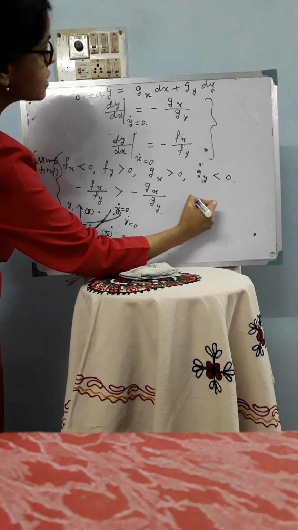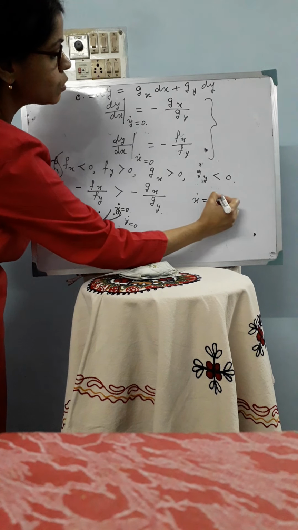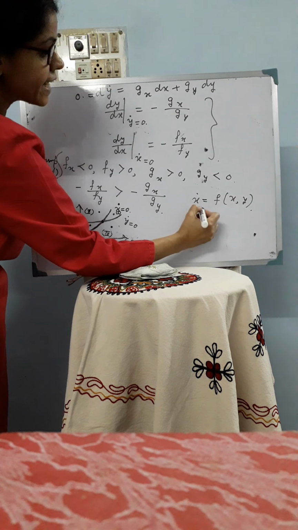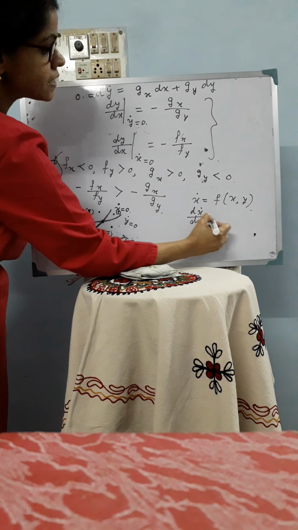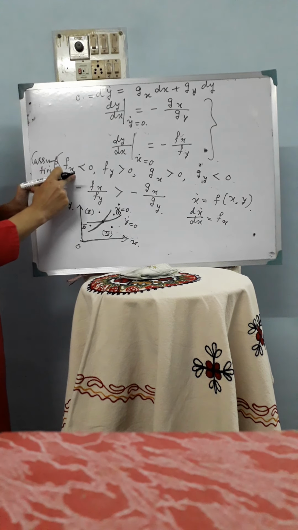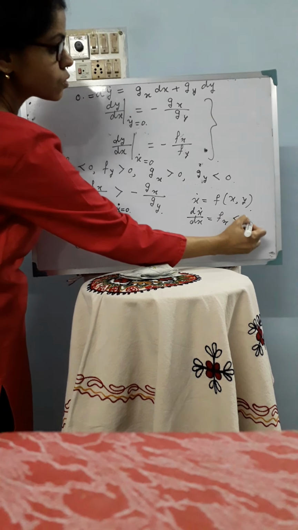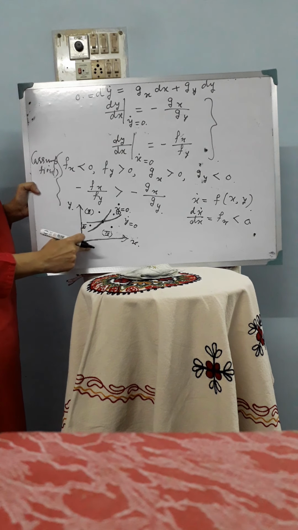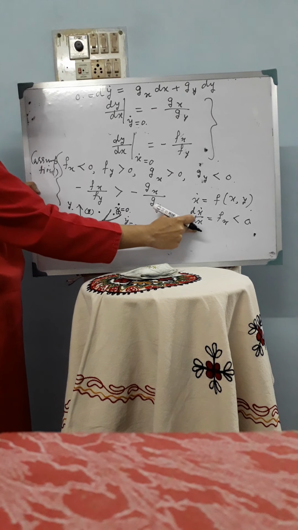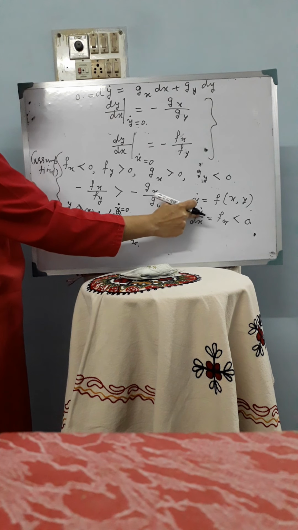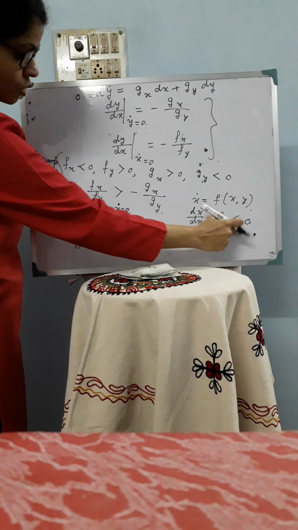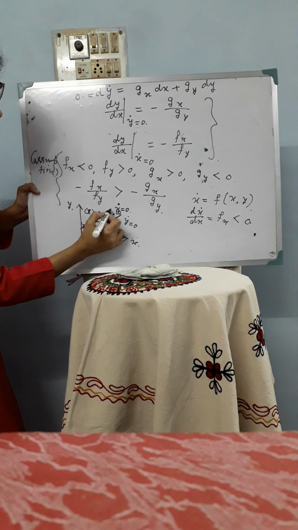Now when we write that x dot is equal to f of x y, then what is the value of dx dot dx? It is f_x. Now by assumption f_x is less than 0. So dx dot dx is less than 0. So if we go from left to right, then x will increase but x dot declines, because dx dot dx is less than 0.